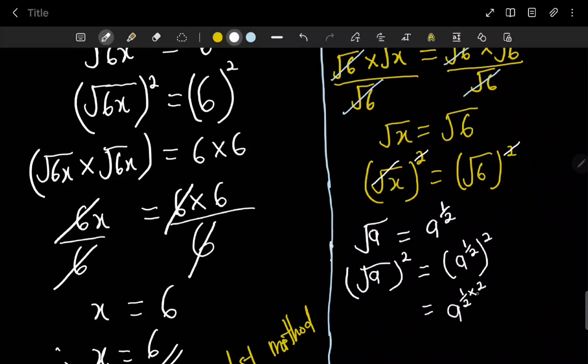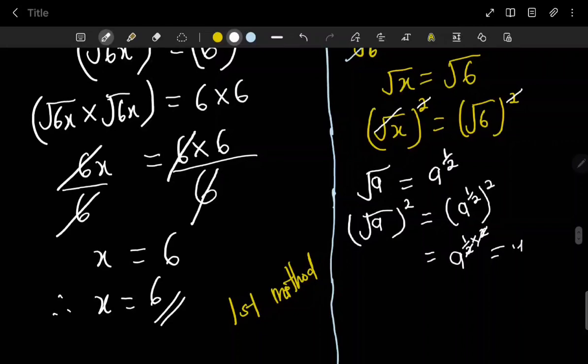So these powers, these 2 here, can take away this 2. So you have a raised to the power 1, okay? And a raised to the power 1 is the same as a, right?